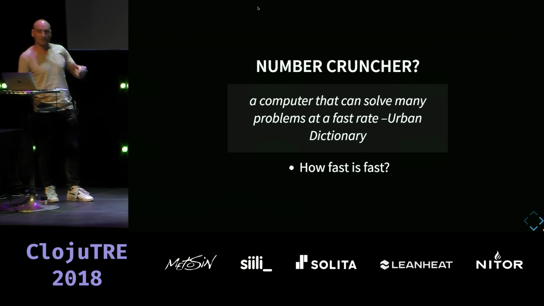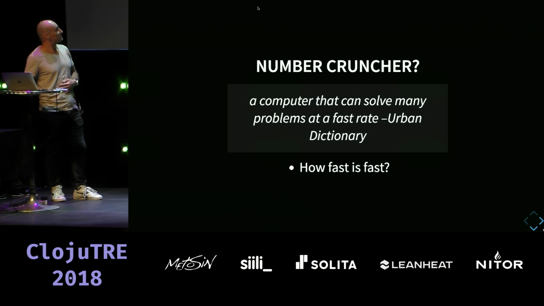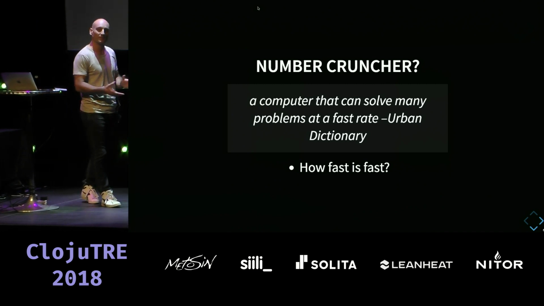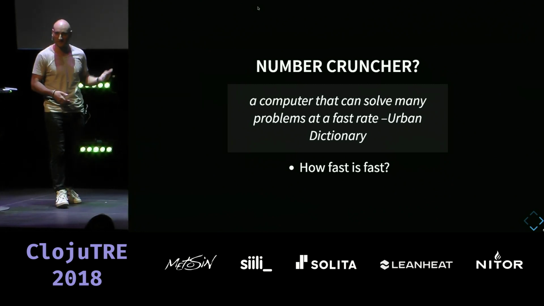And a number cruncher, also according to Urban Dictionary, is a computer that can solve many problems at a fast rate, which makes a bit more sense than the previous definition.